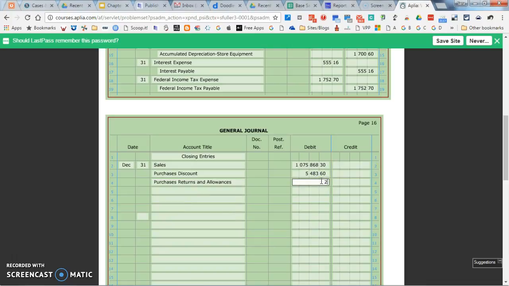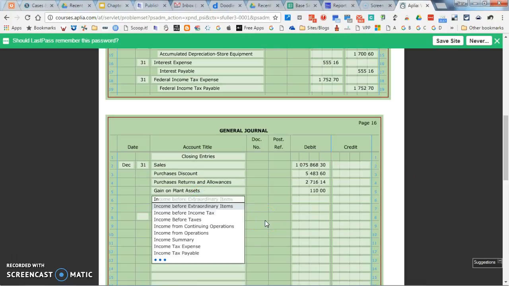Next line, purchases, returns, and allowances. Debit $2,716.14. Next line, gain on plant assets. Debit of $110. Then we have interest income.